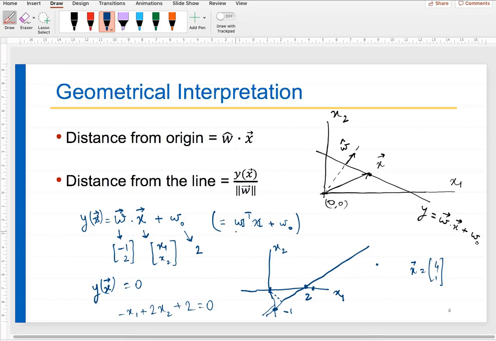The geometrical interpretation of this w vector is that it is a direction perpendicular to the line. How do you find that?